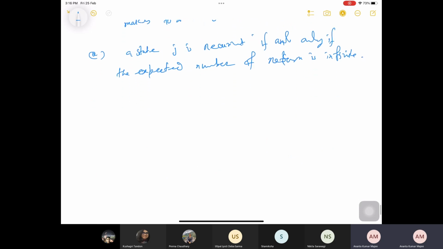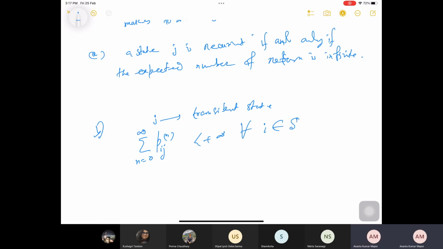Okay, so one more thing I can say here: if j is a transient state, then the summation over n equal to 0 to infinity of pij of n is finite for all i in S. By using maybe the first entrance theorem, we can show this.